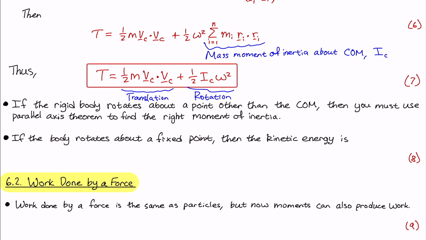In that case, what you'll find is that the kinetic energy will be equal to 1/2 I_O omega squared, where I_O is the moment of inertia about the pinned position or the fixed point. Here I_O is equal to I_C, the moment of inertia about the center of mass, plus the mass times the distance from the center of mass to that fixed position or pin point squared, which is just the parallel axis theorem.